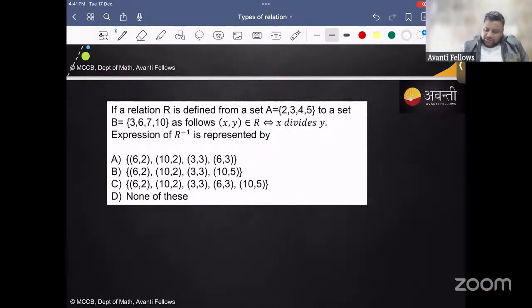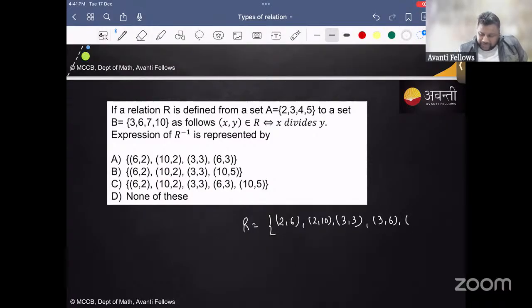If the relation R defined from A to B follows x divides y, what will be the relation R? See, 2 divides 6 and 10, so there will be (2, 6), (2, 10), only 2 elements with respect to 2. Now 3 divides 3 and 6 both, so it will be (3, 3), (3, 6).